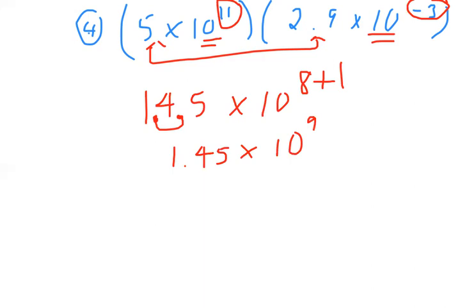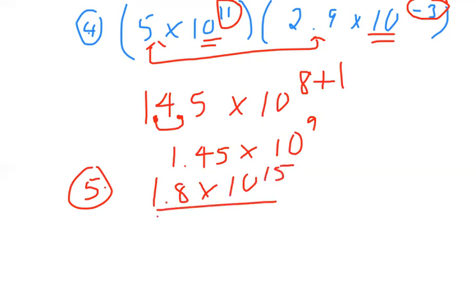Now you're done, okay? I'm going to do one more, and then I'll be done. Number 5, everybody, it's 1.8 times 10 to the 15th power over 2 times 10 to the negative 3 power. So on this one right here, because it's division, we're going to take the 1.8 divided by 2. 1.8 divided by 2 leaves you with 0.9.